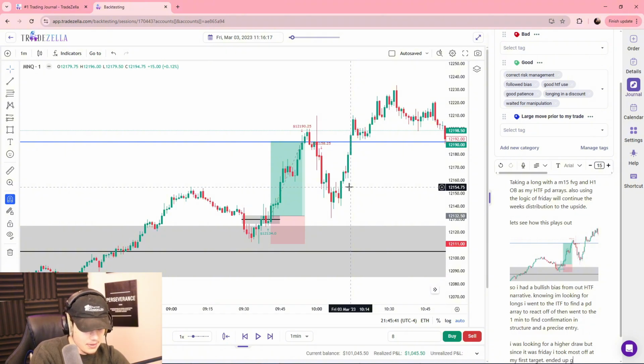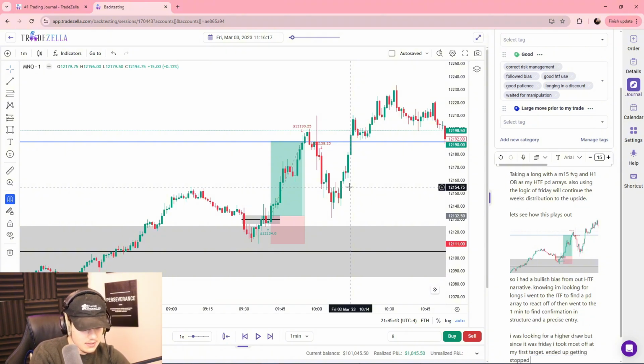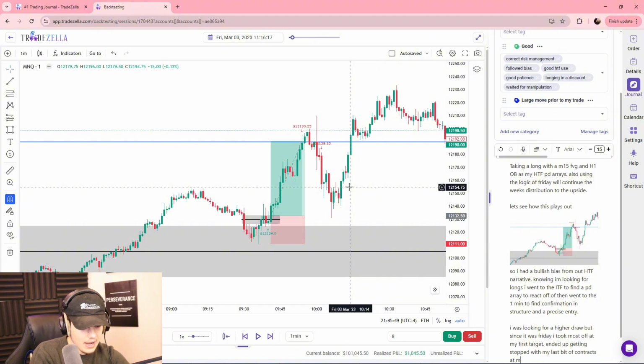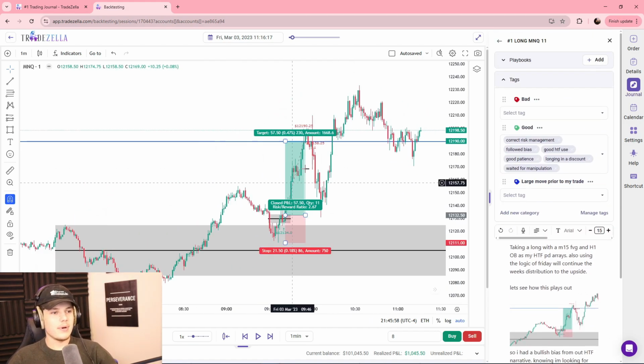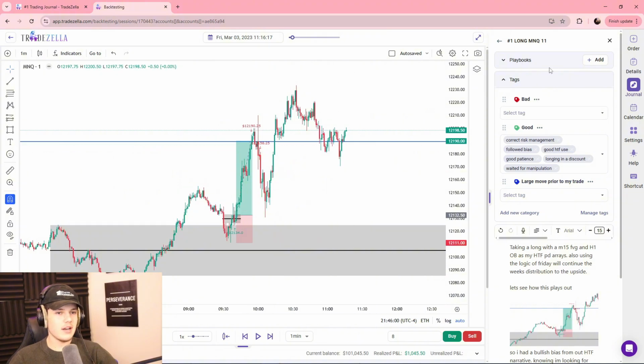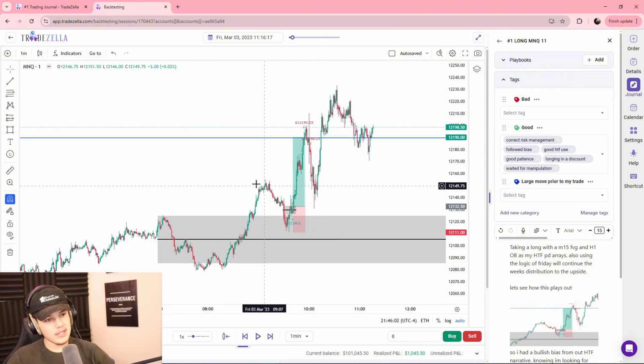Ended up getting stopped with my last bit of contracts at my dragged-in profit stop loss. There it is. That's simple. That's one trade completely done.